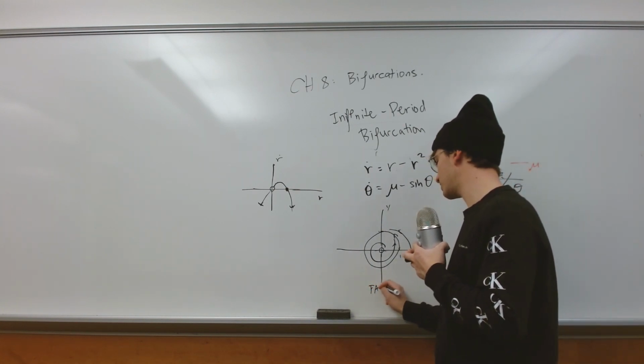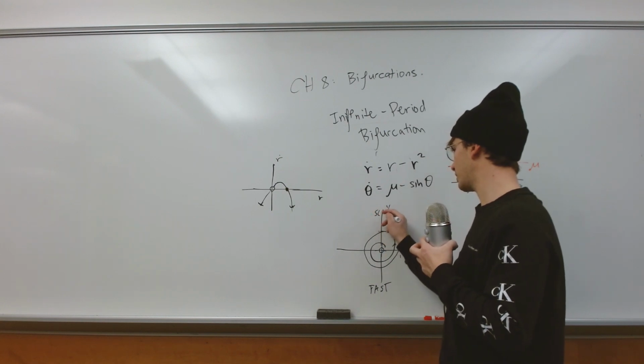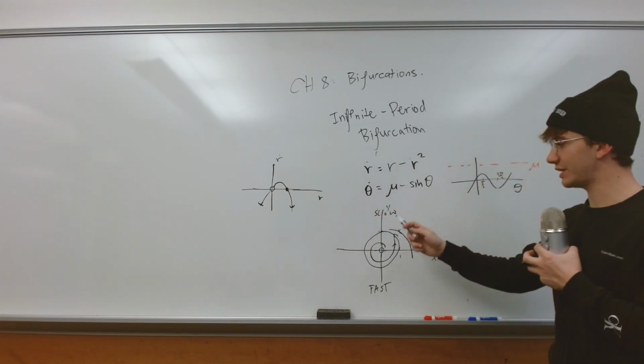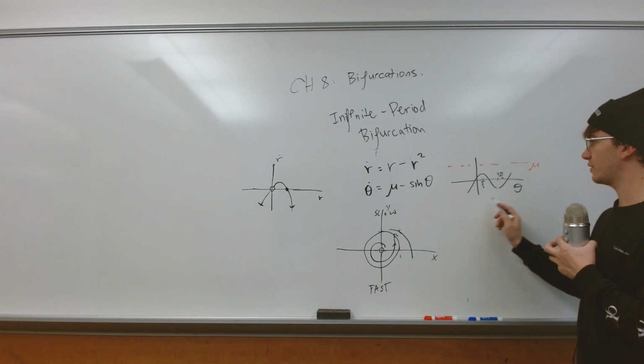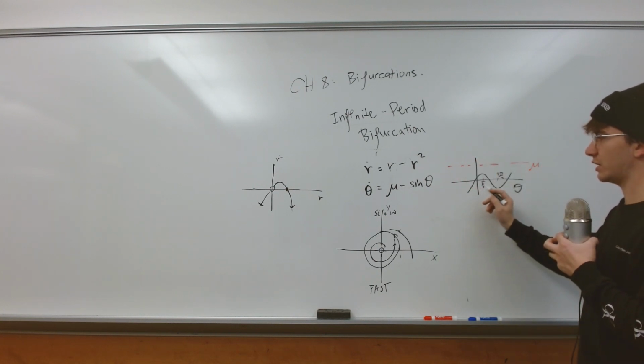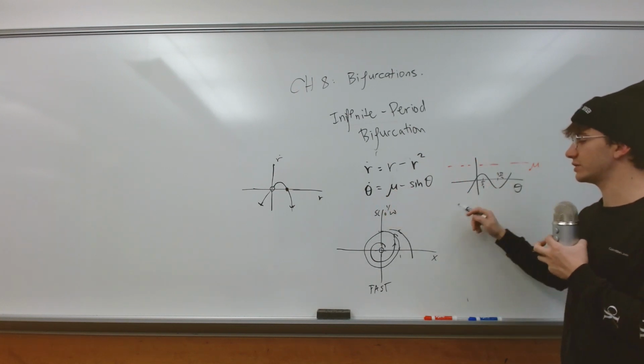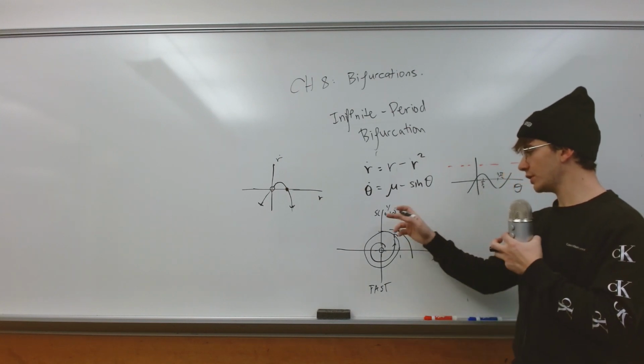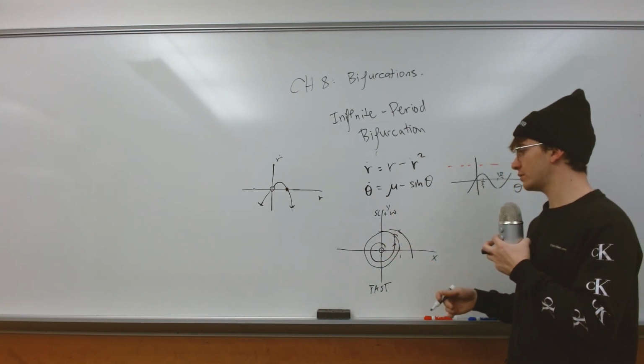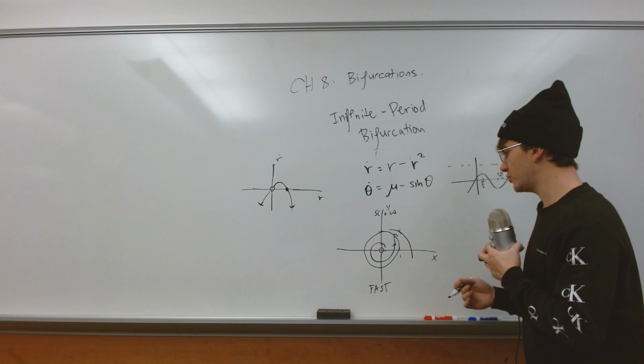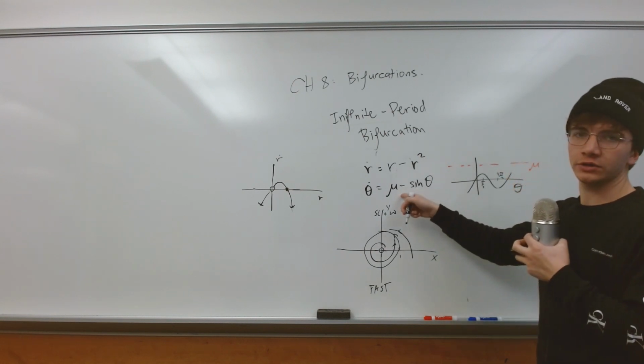So I'll write fast and slow here. Hopefully you understand where this is coming from. This is coming from the analysis of theta dot, looking at where the magnitude of theta dot is greatest and smallest.